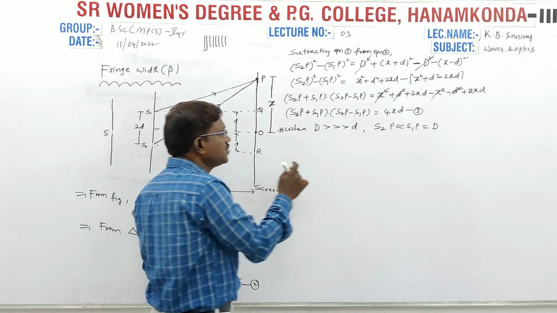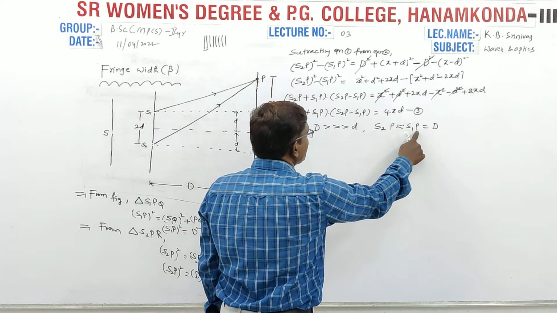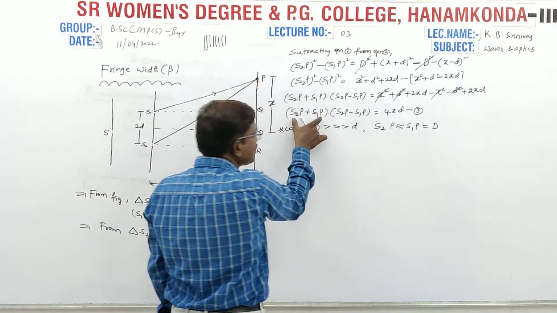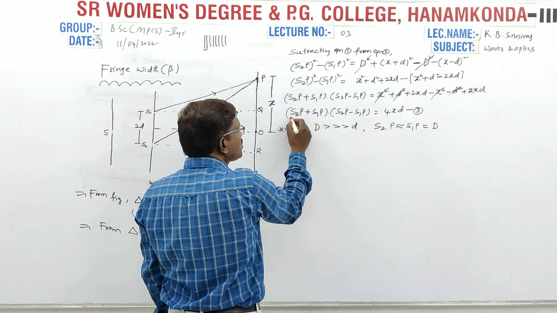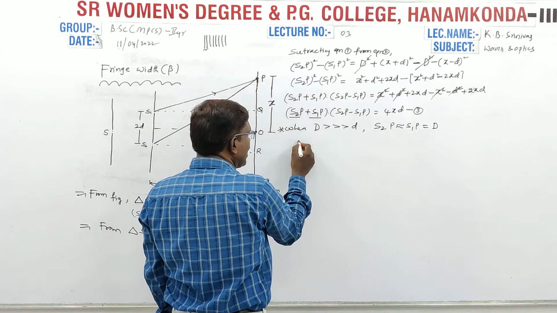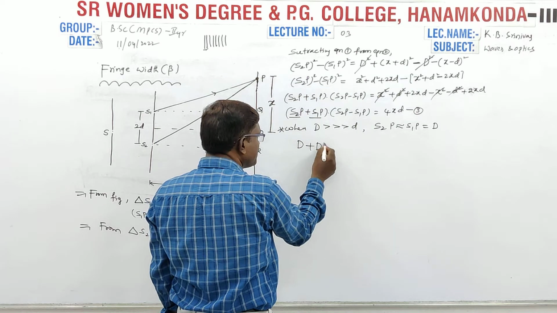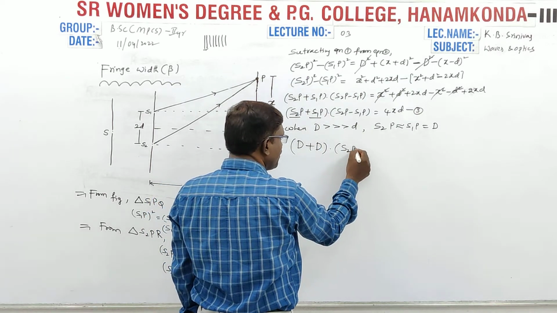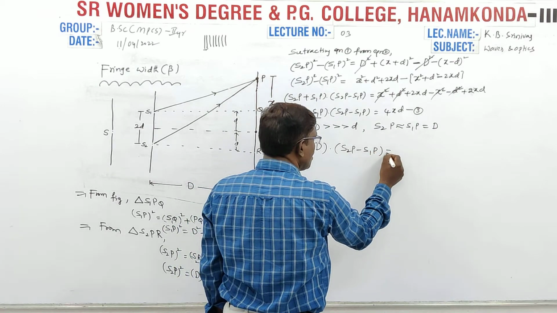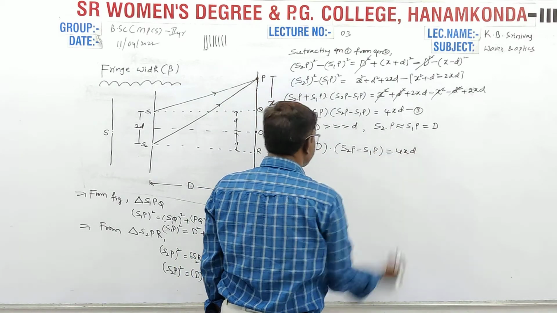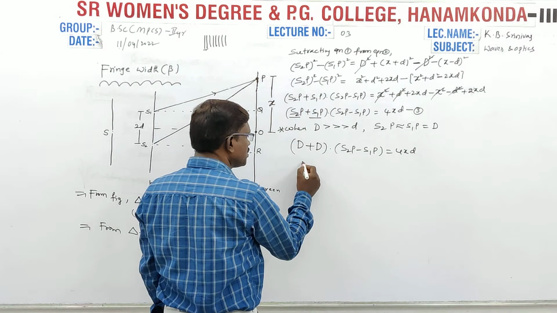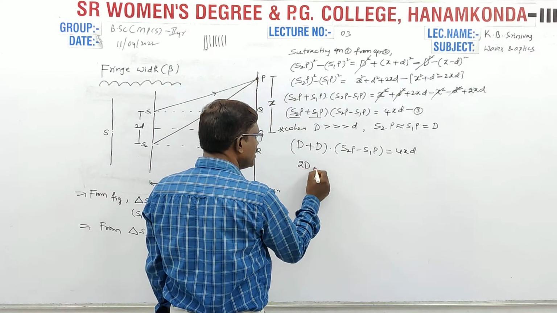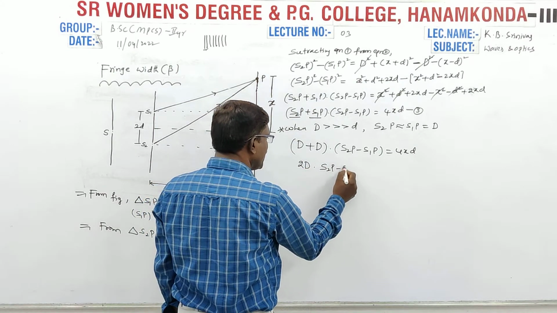But we have to substitute S2P and S1P as D in this bracket only. So I am replacing these two values: capital D plus capital D into (S2P − S1P), which is equal to 4xd. D plus D becomes 2D, so 2D into (S2P − S1P).